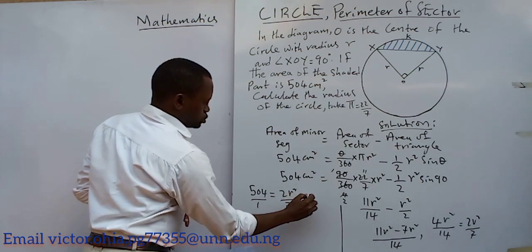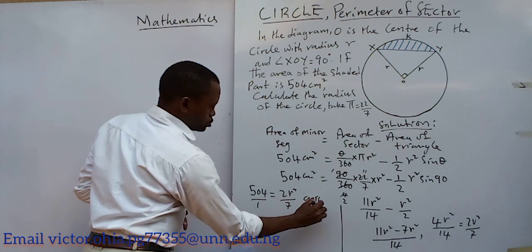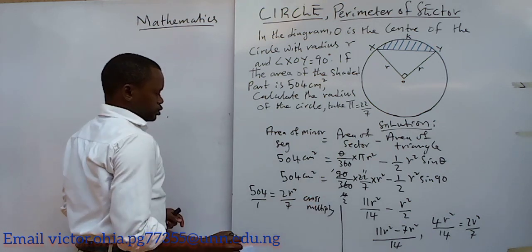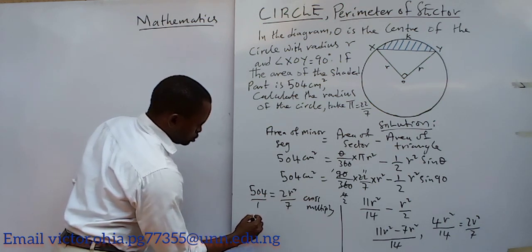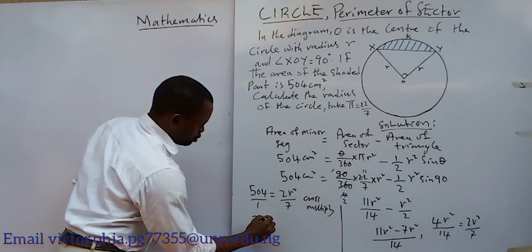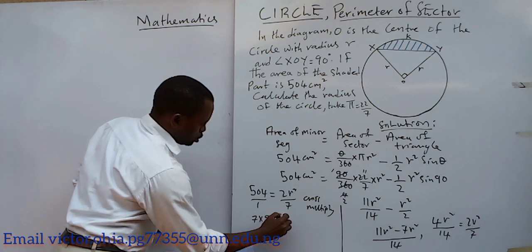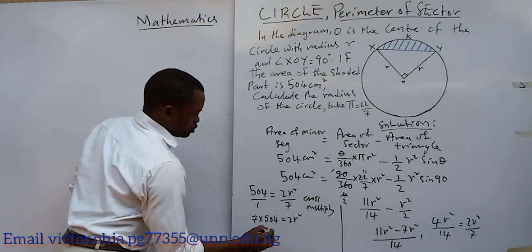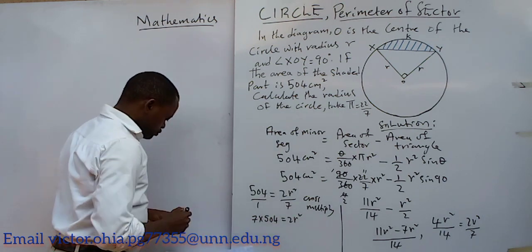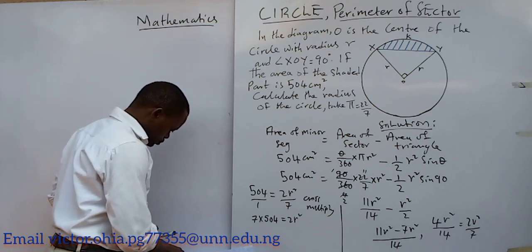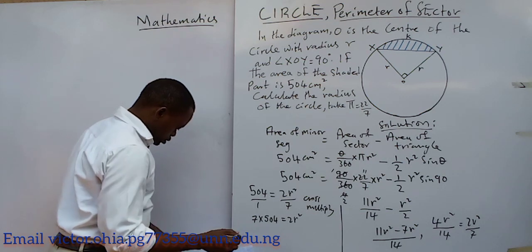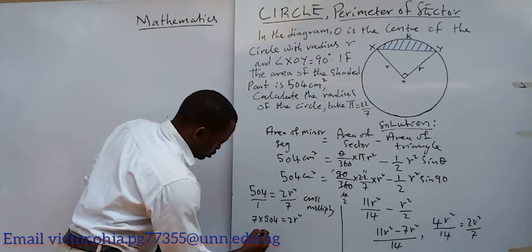So if you cross multiply here, you will realize that I will have 7 times 504 equals 2 r squared. And then 7 times 504, I think I have these figures already here, we have 3528.